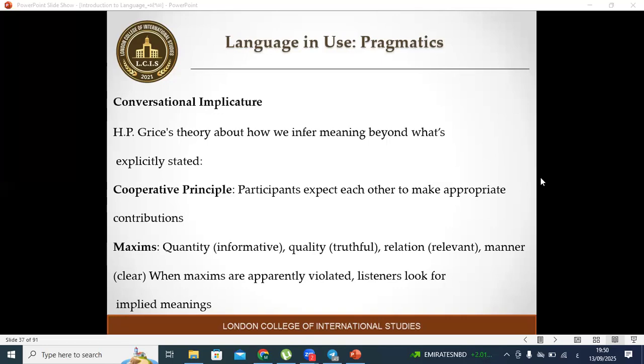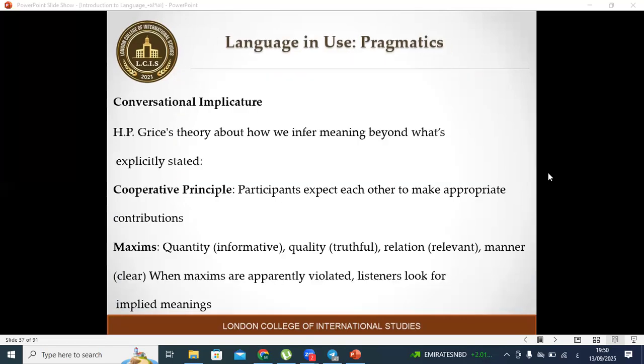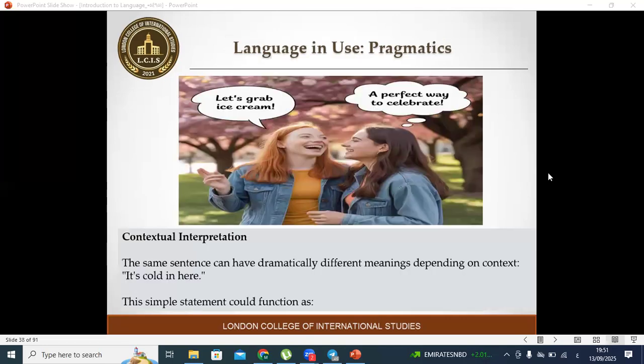The maxims are quantity, informative; quality, truthful; relation, which means relevant; and manner, which is clear. When maxims are apparently violated, listeners look for implied meaning.